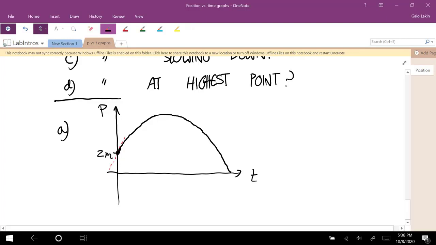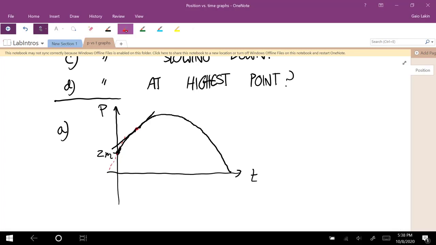So what we have here is the first half of this graph, where any instantaneous slope you chose would be positive. On that whole first half, this object is moving in the positive direction, still on its way up.